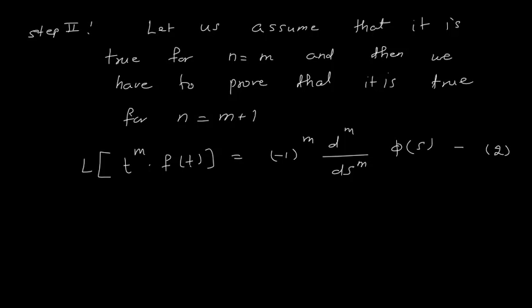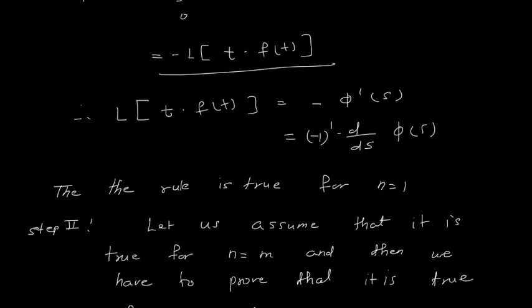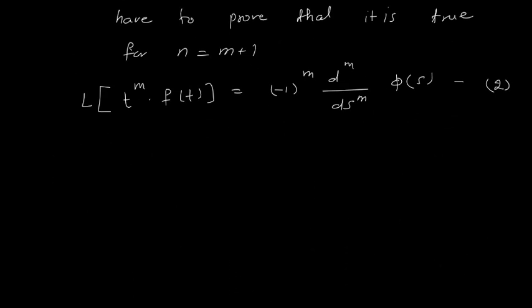So we consider this is true. Now first we have proved that if I differentiate one time I will get minus 1 power 1 into d by ds of phi of s. Secondly, I prove that this statement is true. Now I have to prove that it is true for the next step also, that is, if I use m plus 1 in place of m.